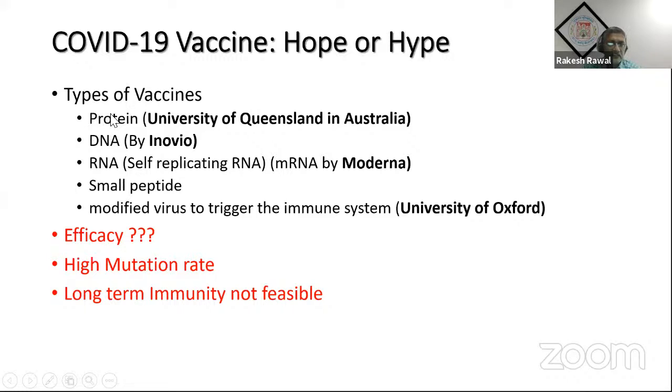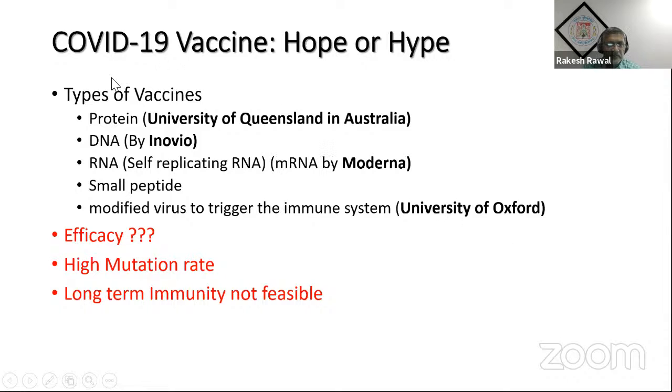These vaccines are either the whole protein, whole capsid protein, or the whole inactivated virus, or nucleic acid based vaccines by Inovio or Moderna, or fragments of peptides derived from the structural protein of the virus. They also used some modified viruses to trigger the immune system.